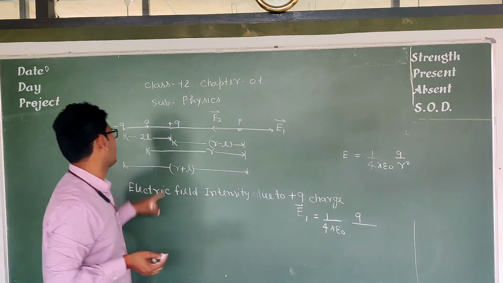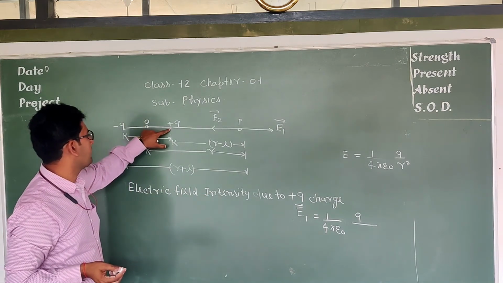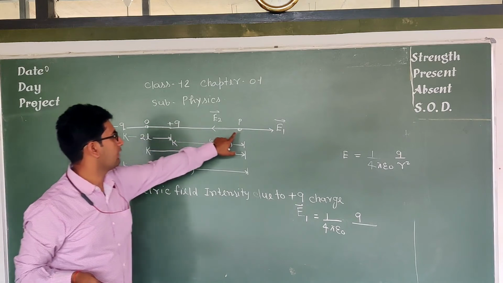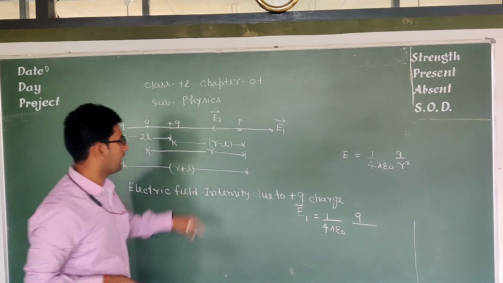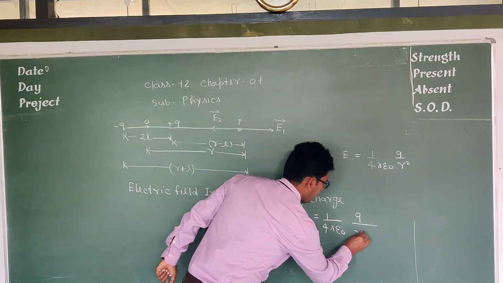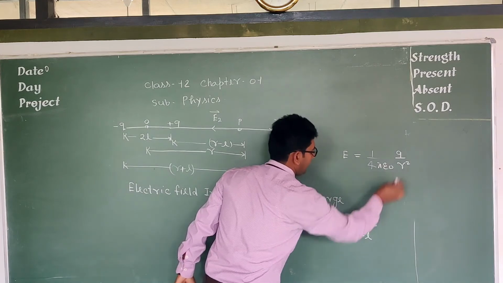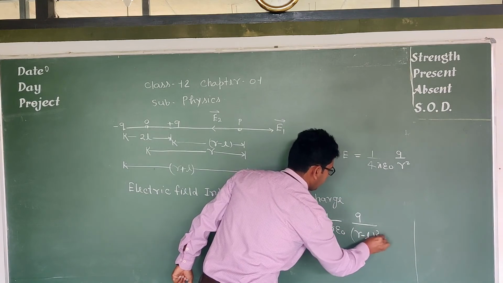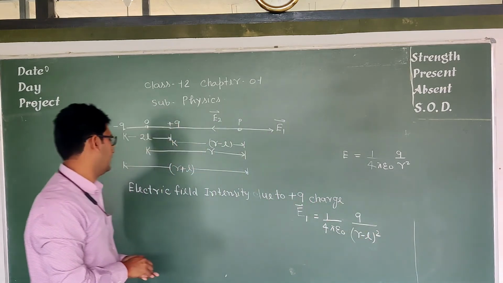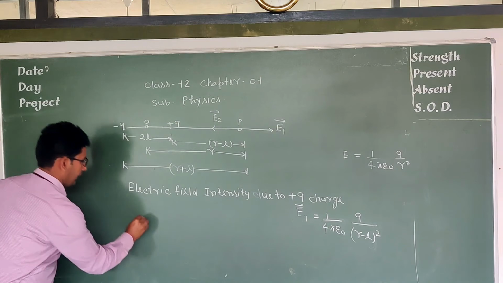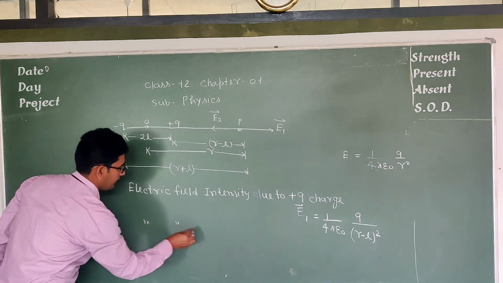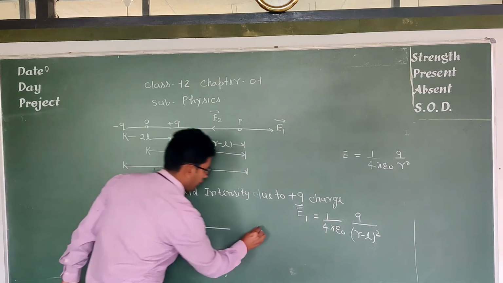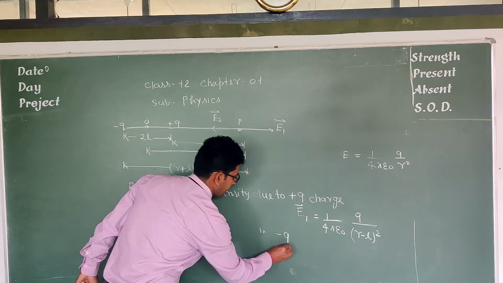What is R here? The distance between the plus Q charge and point P. So it will be R minus L, and from this formula it is R minus L whole square. Okay. And next, electric field intensity due to minus Q charge.